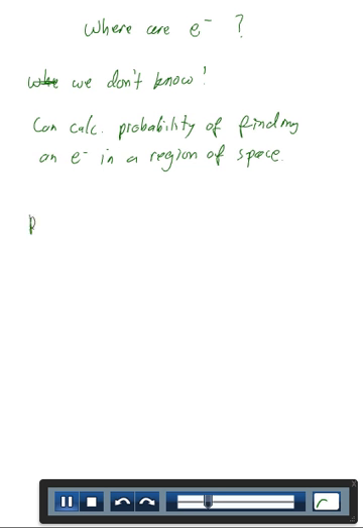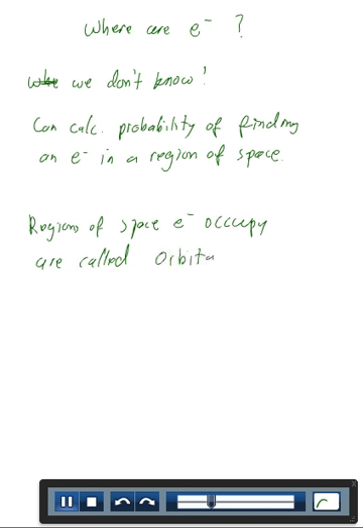Regions of space that electrons occupy are called orbitals. We can assign orbitals to the different combinations of quantum numbers.